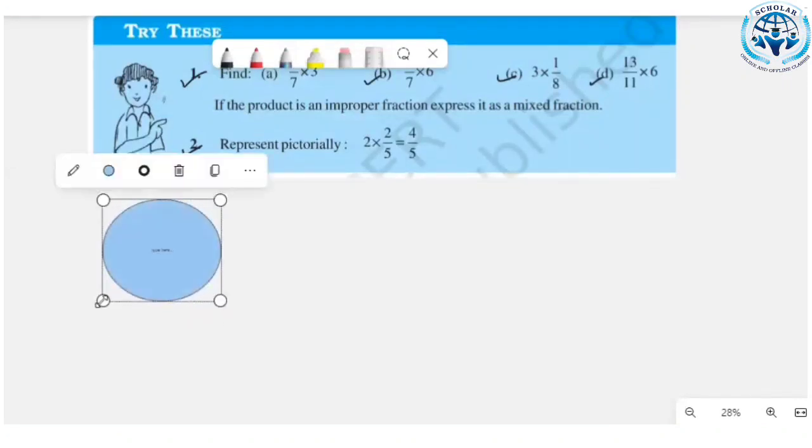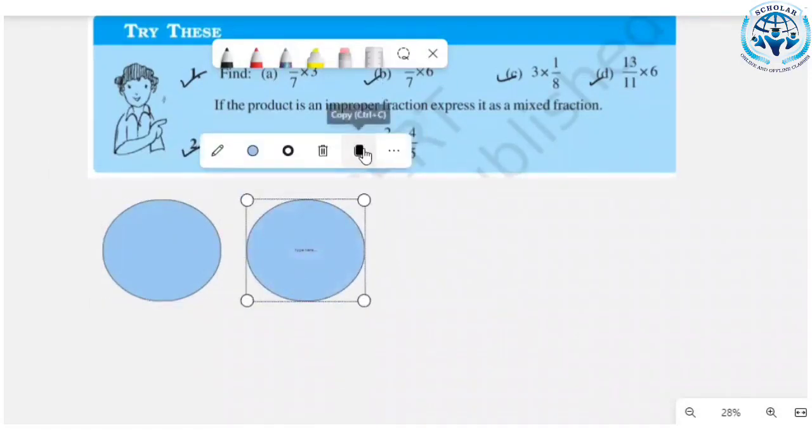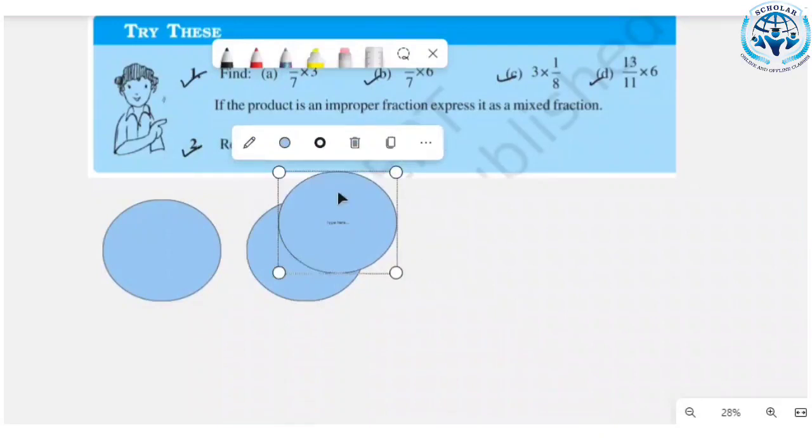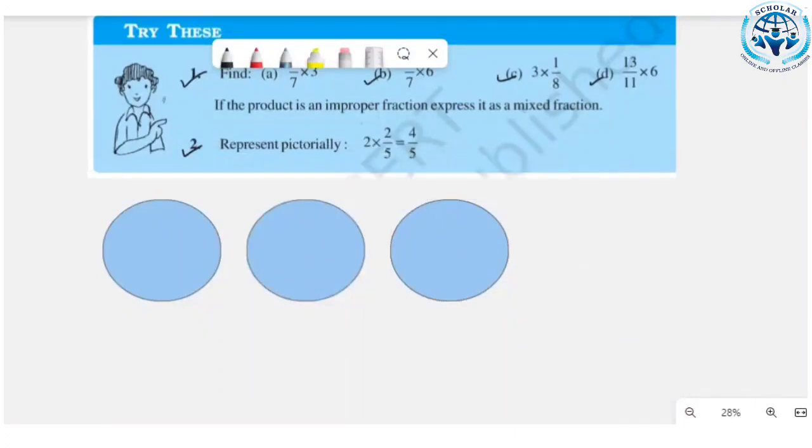Represent pictorially. That means we have to draw the picture to represent the product. 2 into 2 by 5. These are two wholes. Divide each whole into 5 parts because there are a total of 5 parts. 5 is written in the denominator.